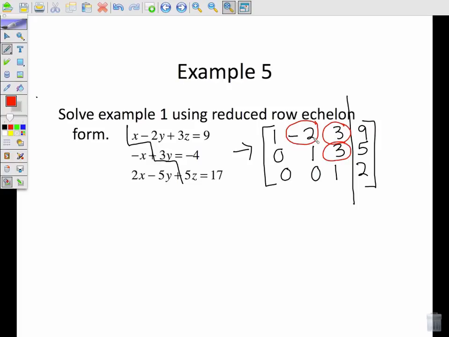We do the same process, we just work backwards a little bit. In order for me to allow negative 2 in the first row to go to 0, I can use row 2 and add it to row 1. So we would go 2 times row 2 and add it to row 1. We're just adding in reverse order, adding to the above equation. Let's see what we get.